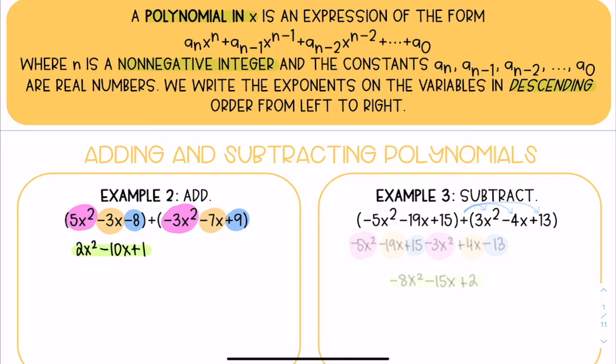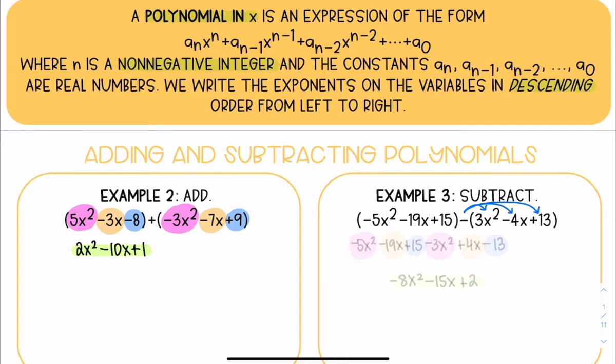Now subtraction is just like addition. This should be a minus sign in the middle. The first thing we need to do, though, is distribute the negative to all of the terms in the second polynomial.